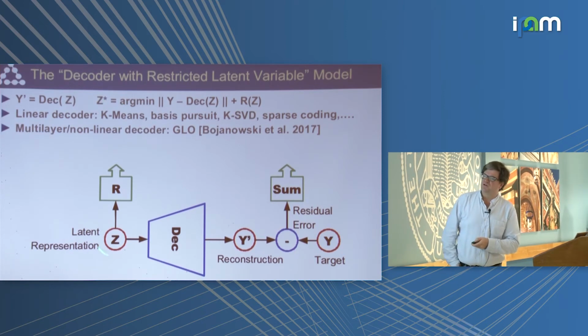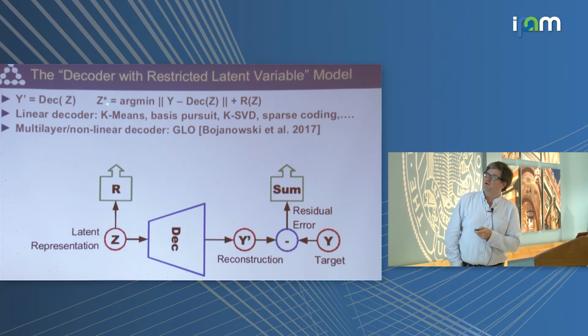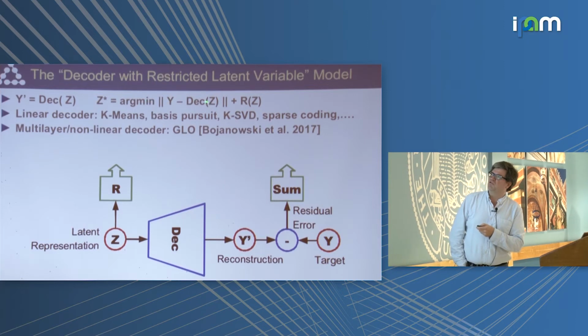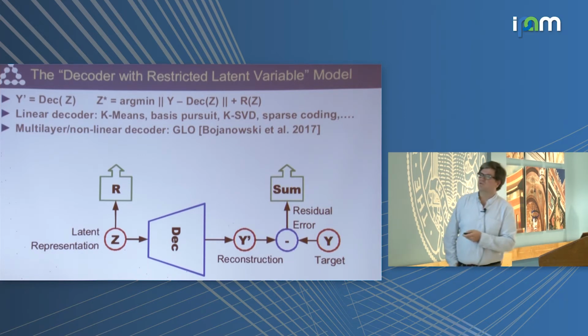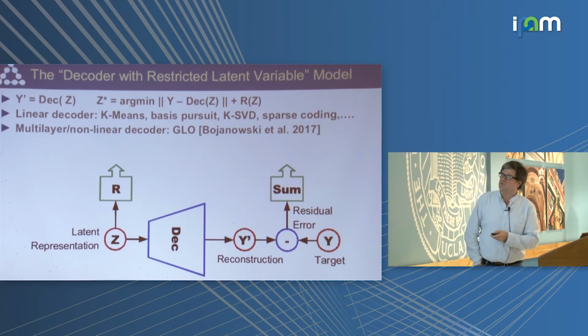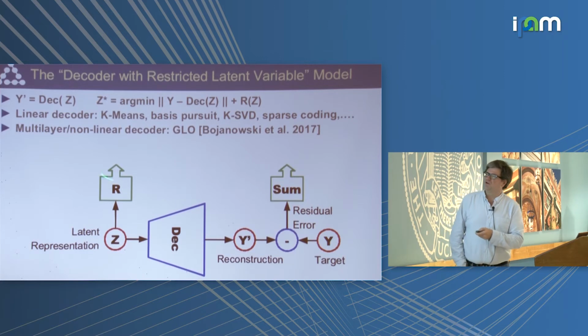The latent code reconstructs the observation through a decoding function. And you do this by finding the code that minimizes a reconstruction error plus some sort of regularization term. So in sparse coding, it's just an L1 norm. And so you have two terms in the energy function, which are symbolized by those green boxes here.